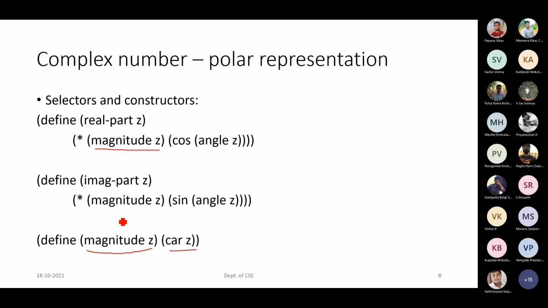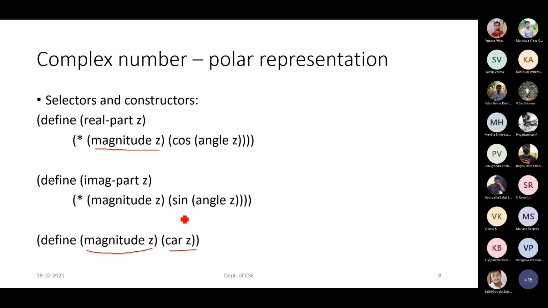The supportive procedures we can make use of are the magnitude procedure, which extracts the first part of the complex number, multiplied by sine, the primitive procedure, with the argument angle, the user defined procedure which extracts the second value of that complex number. That result is multiplied with the magnitude, and that will be our imaginary value, which is nothing but y.